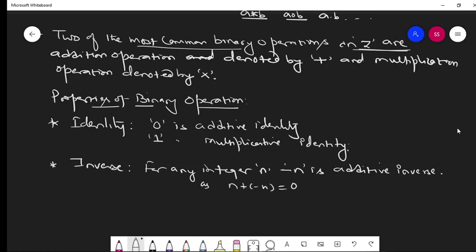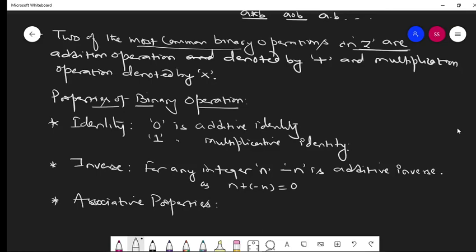The sum is the identity. That's why for any integer n, minus n is the additive inverse. And the next one is the associative property.